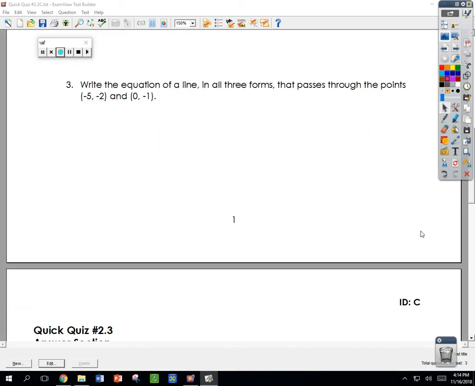The last one, again, I need the slope and a y-intercept, or I'm sorry, and a point. Well, I wasn't given the slope, but I was given 2 points, and I know how to find the slope given 2 points. I know that the slope is y2 minus y1 over x2 minus x1. So this time I have to go one step further and find the slope.